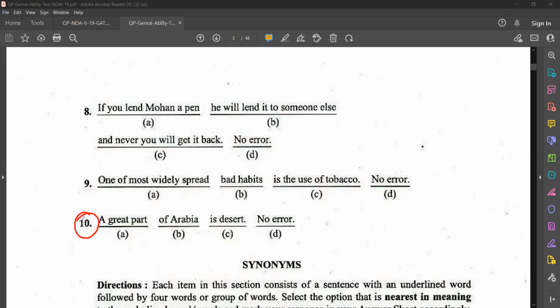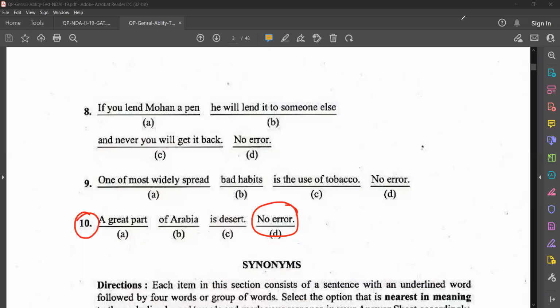Any error you could see in the sentence? Yeah, there is no error in this sentence. Because a great part of Arabia is desert, that is grammatically correct. There is no error in this sentence. Okay. So the answer is option D.